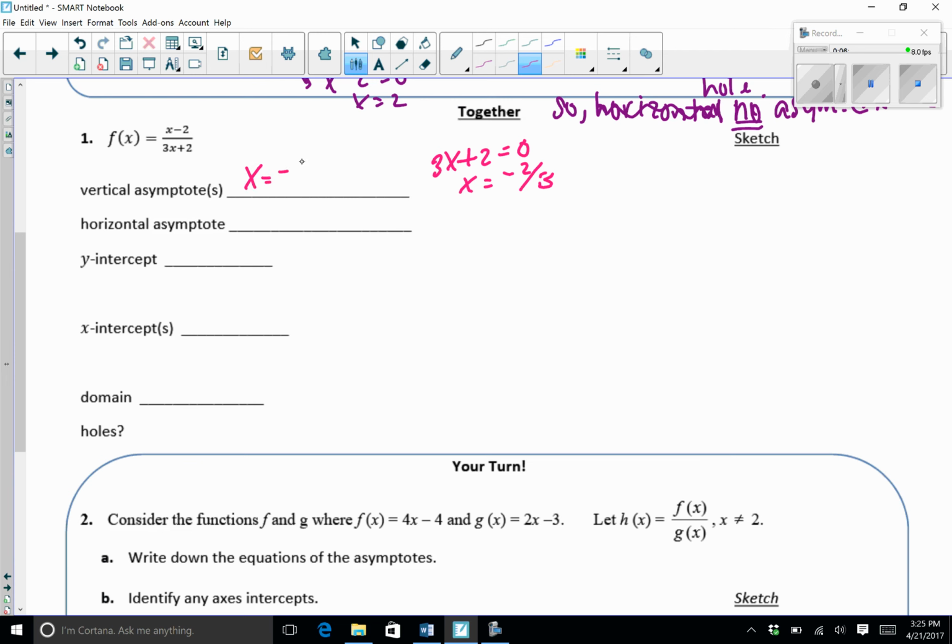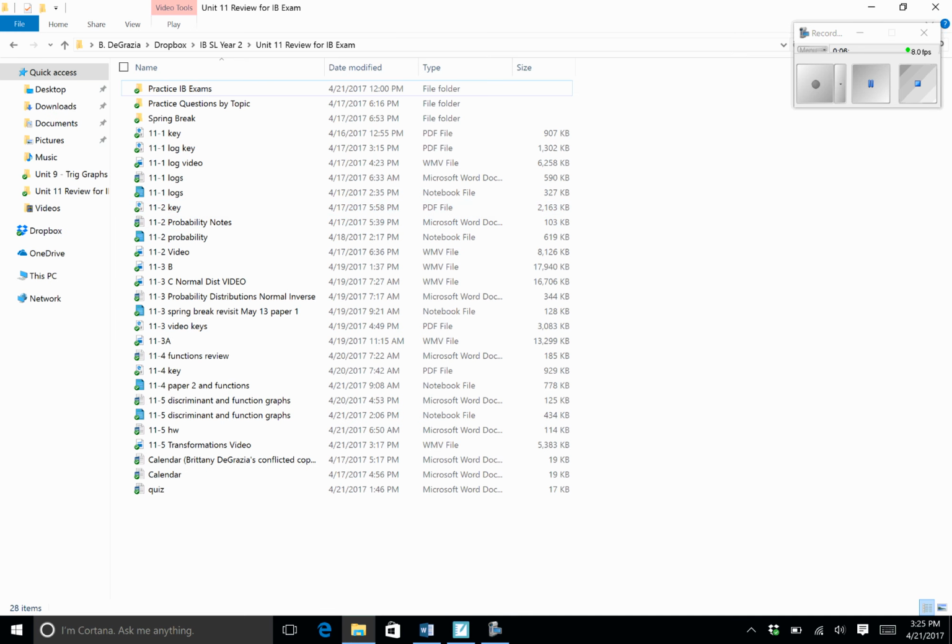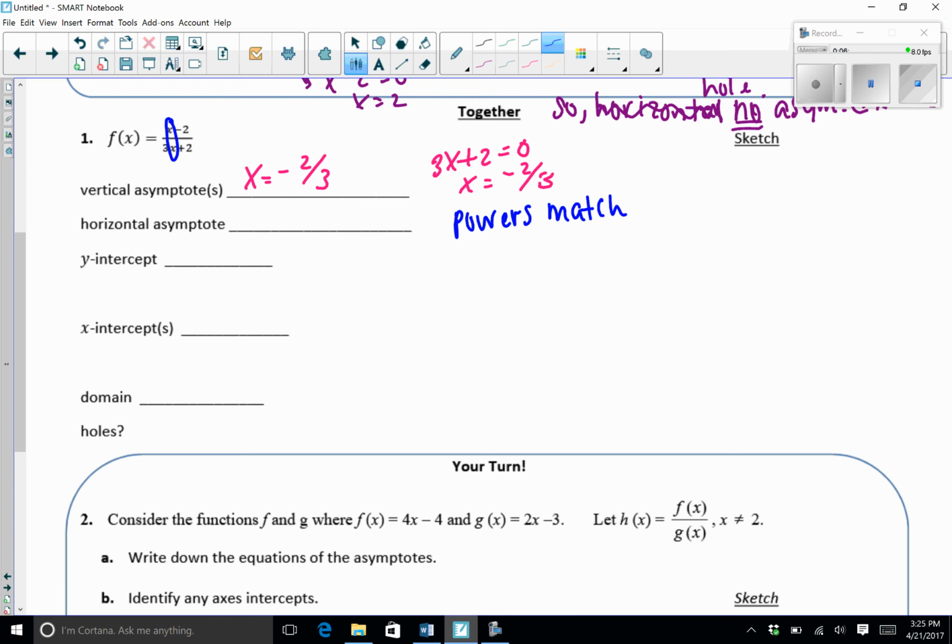So at x is equal to negative 2/3, we have a vertical asymptote. For a horizontal asymptote, I'm looking for my rules. I see that the powers match. I see that x to the 1 and x to the 1. So I would say that y is equal to just the coefficients, so it's 1/3.